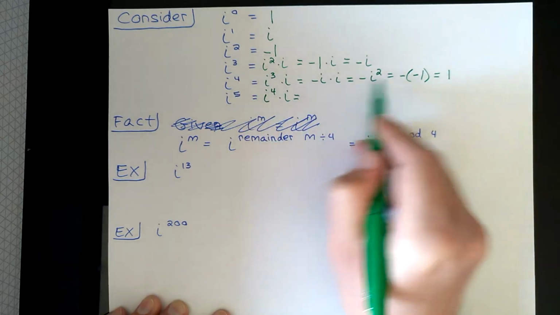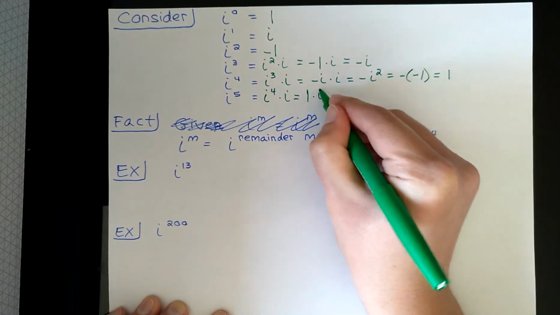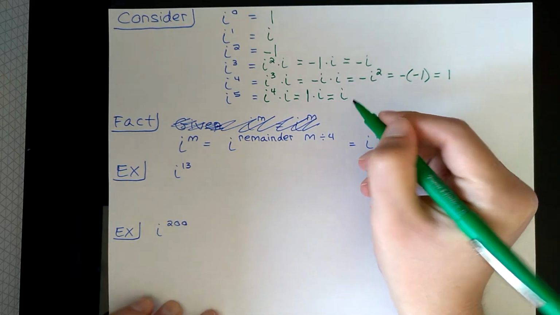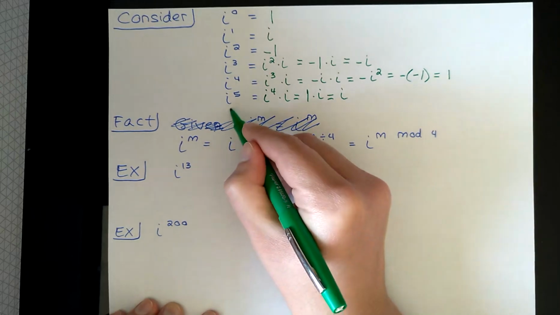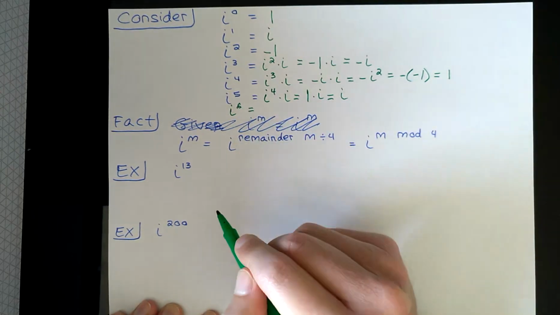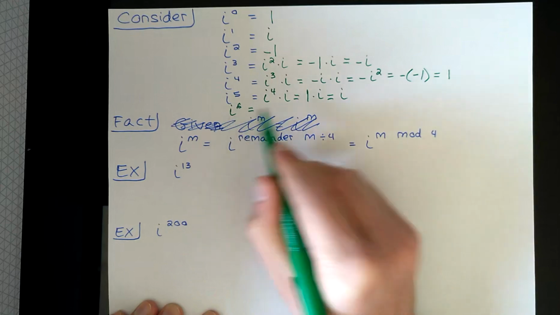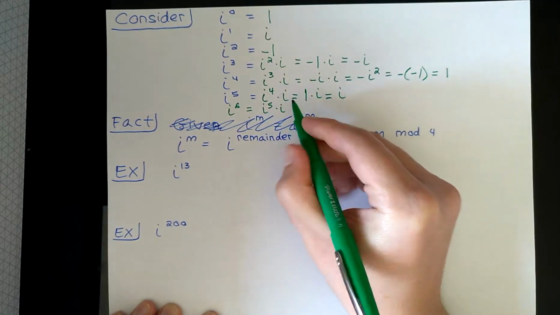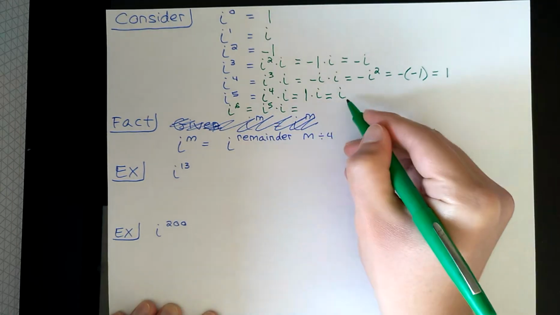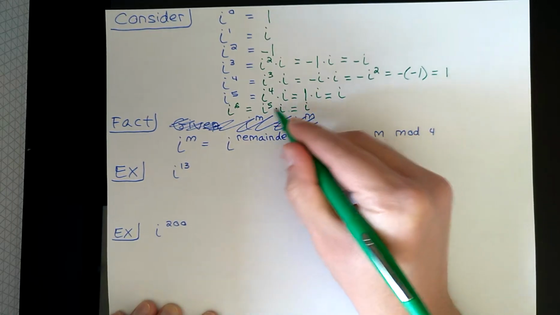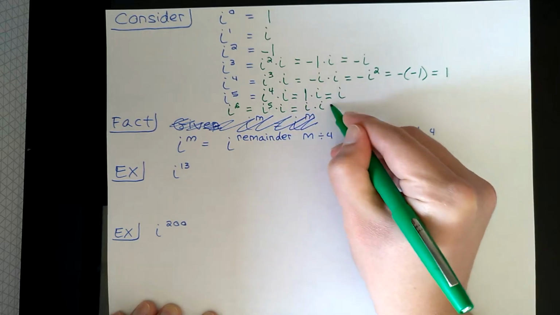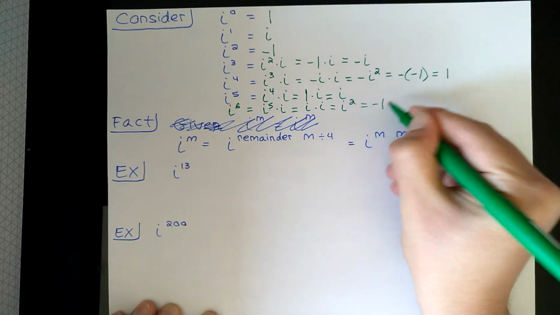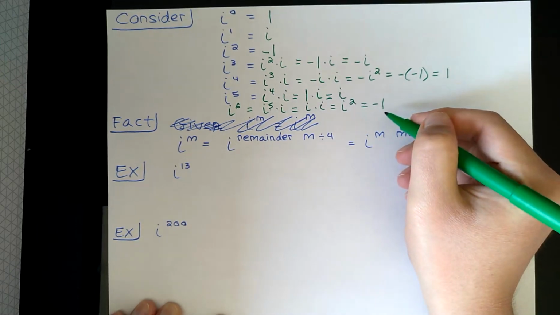We said i to the fourth is 1, so we get 1 times i, which is just i. So i to the sixth, just to show it very quickly, is now i to the fifth times i. We said i to the fifth is just i, so we get i times i, which is i squared, which we've said before is -1.